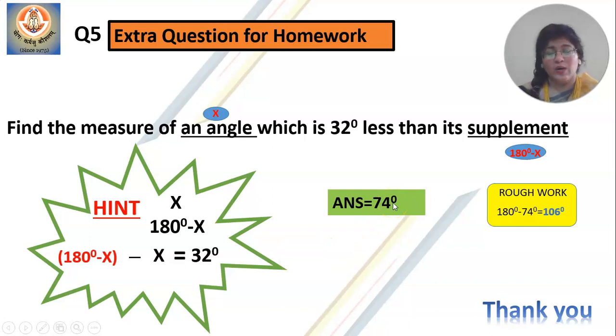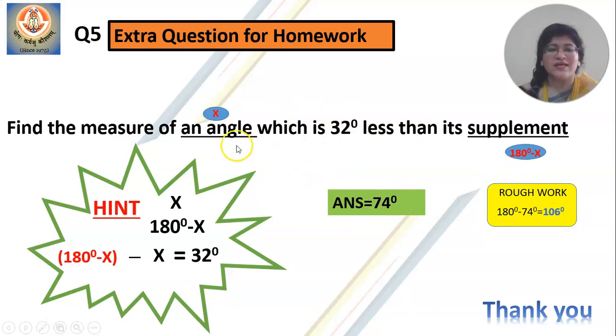Now this 74 degrees is the value of x. So what is the supplement of 74 degrees? It is 180 minus 74, that is 106. When you look at 74 and 106 degrees, is it not clear that x is smaller than 106, and the difference between these two is 32?